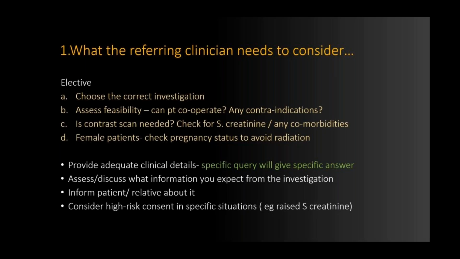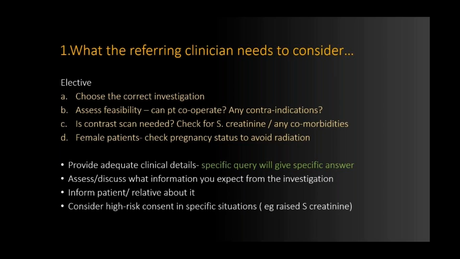But if the suspicion is of pulmonary thromboembolism, then a CT angio is to be raised. And you also need to specify that you are looking specifically for pulmonary thromboembolism. Just writing CT angio may not be adequate, because you might be asking for a patient with hemoptysis for whom you are interested in looking at the bronchial artery.